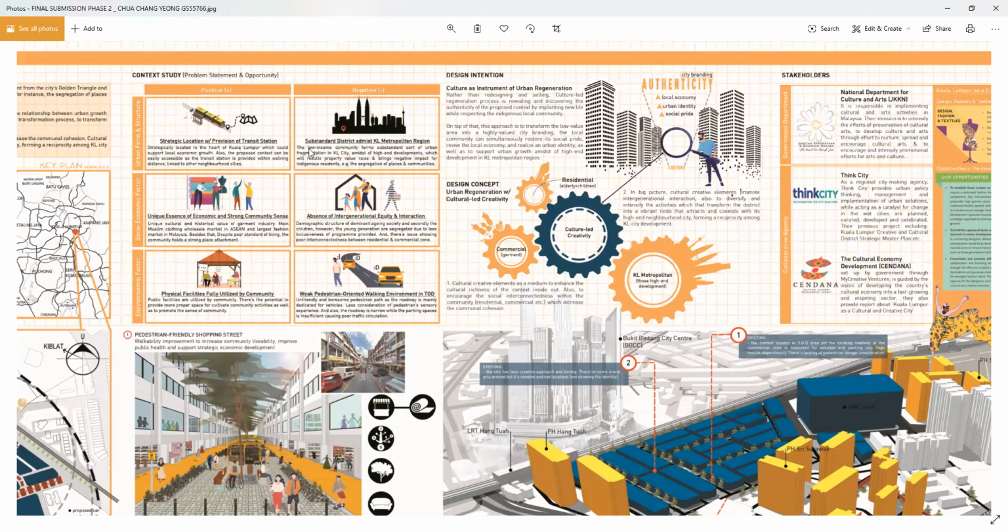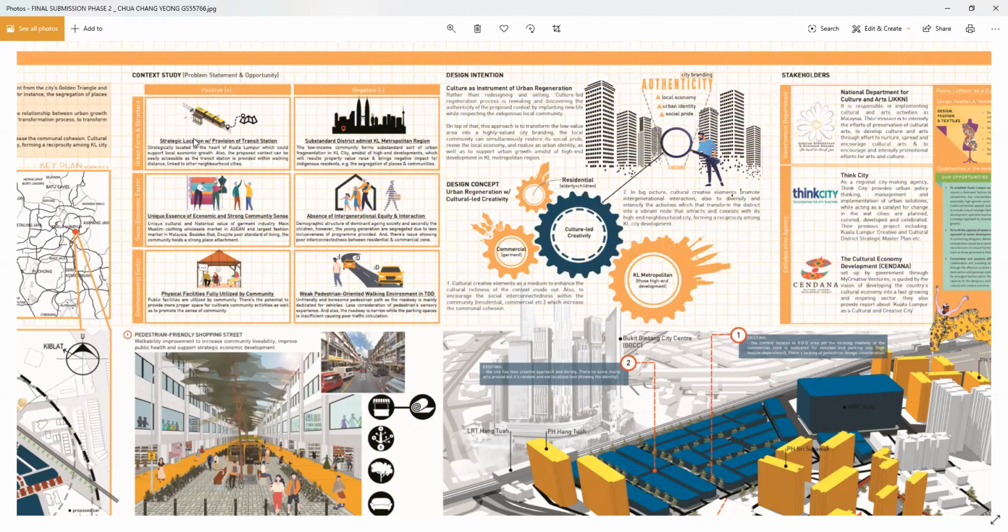Because our site is formed by low-income communities, it forms a substandard urban fragmentation in KL city amidst the high-end development, which will cause property values to rise and bring a negative impact for the indigenous residents. For example, the segregation of places and communities or the displacement of the society.